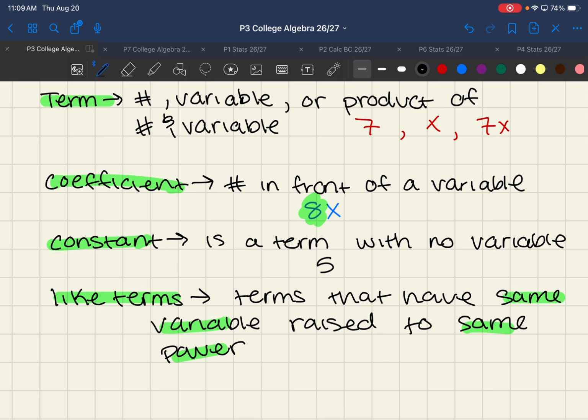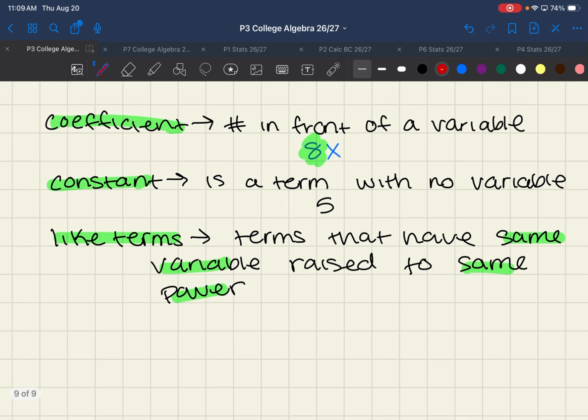The idea behind this is that in order to simplify our problem as much as we can, we're going to combine any like terms that we see. To combine like terms, we are going to add or subtract the coefficients and keep the variable the same. So I'm going to write that main idea here.